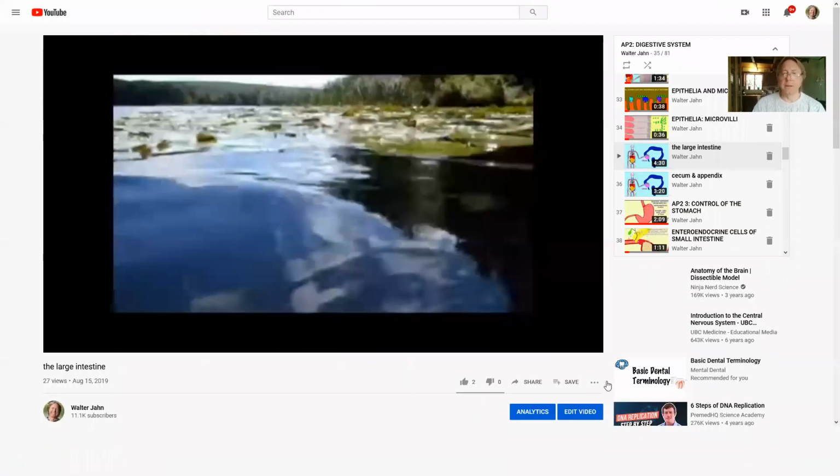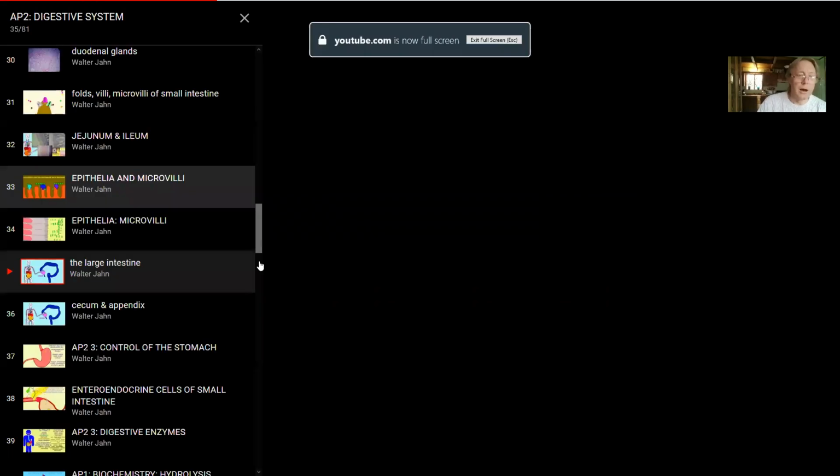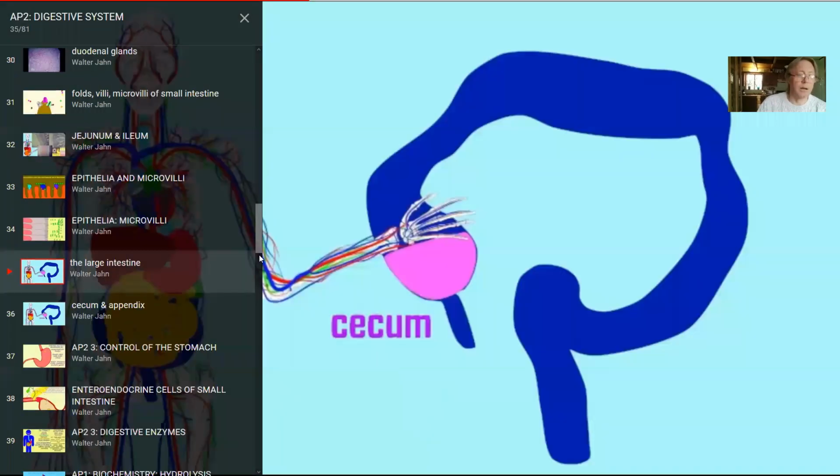Just getting back to the cecum, you might ask why we have that blind pouch, and it probably serves a number of roles. One of which is that the bacteria of the microbiome are important for lots of reasons.